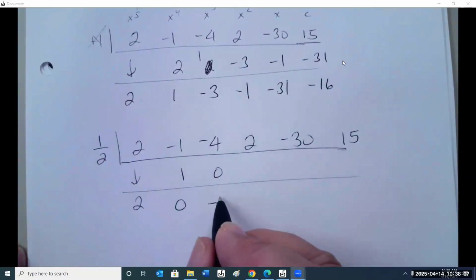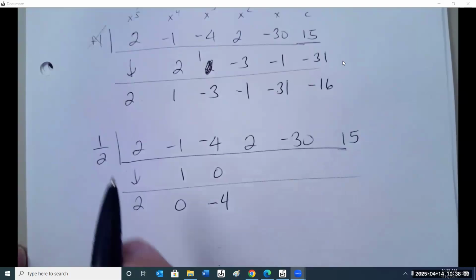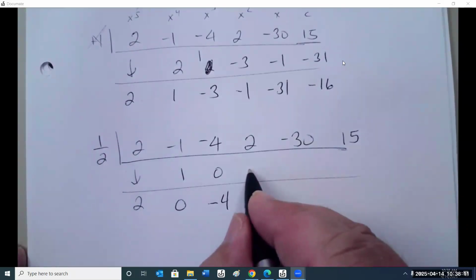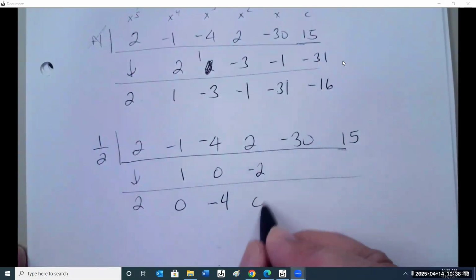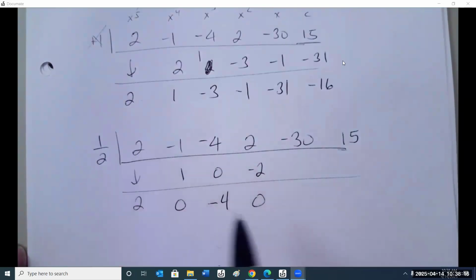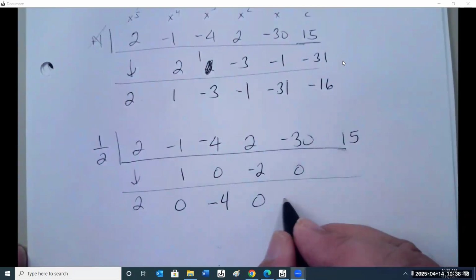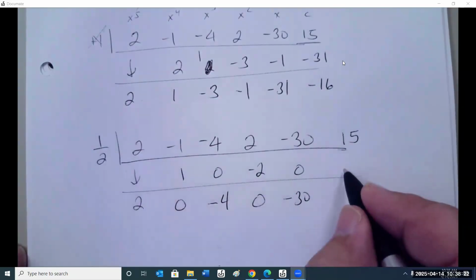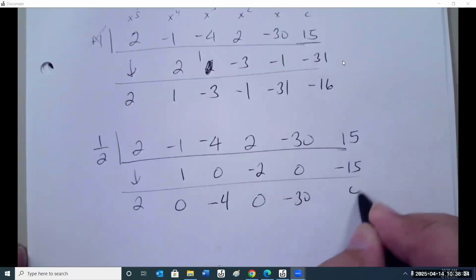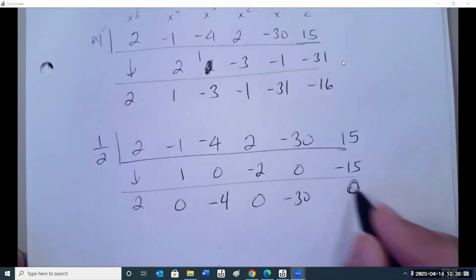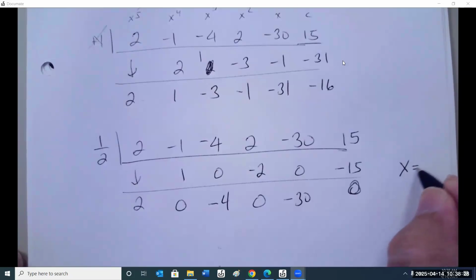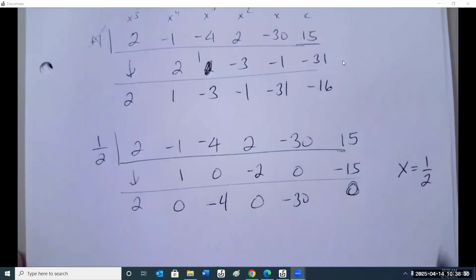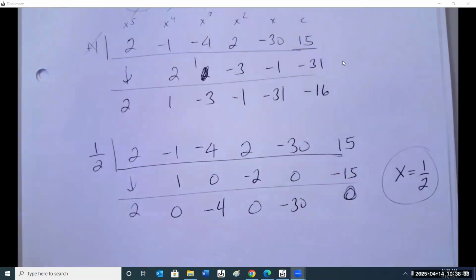Minus 4 is -4. 1/2 times -4 is -2. Plus 2 is 0. 1/2 times 0 is 0. Minus 30. 1/2 of -30 is -15 and 0. So x is equal to 1/2. That's our first 0. We have 4 more to go.